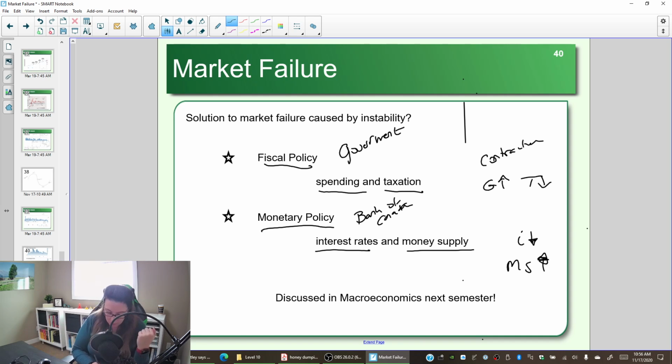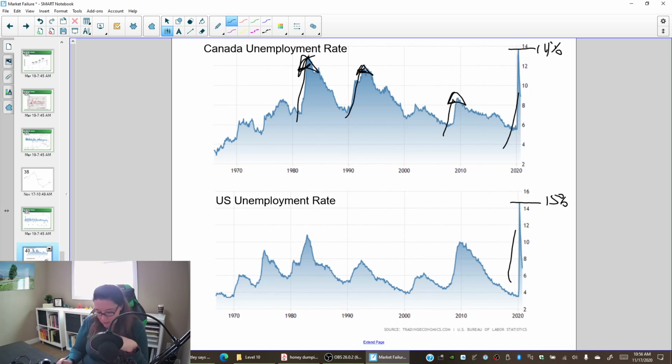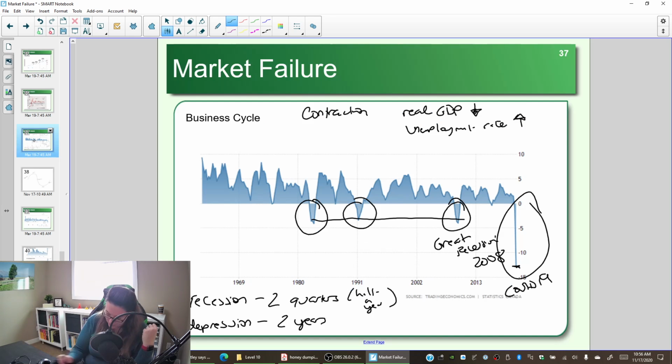And even though there's these high unemployment rates and contractions in the economy, we're making less goods and services, this may not be an instability that we can help smooth out, unlike other recessions or depressions.